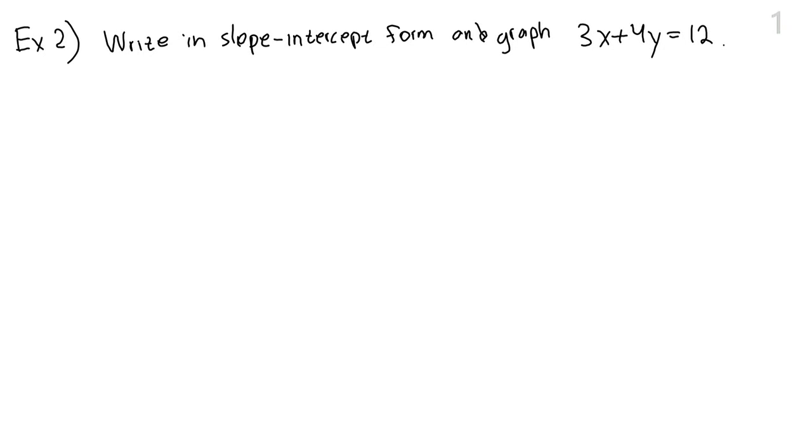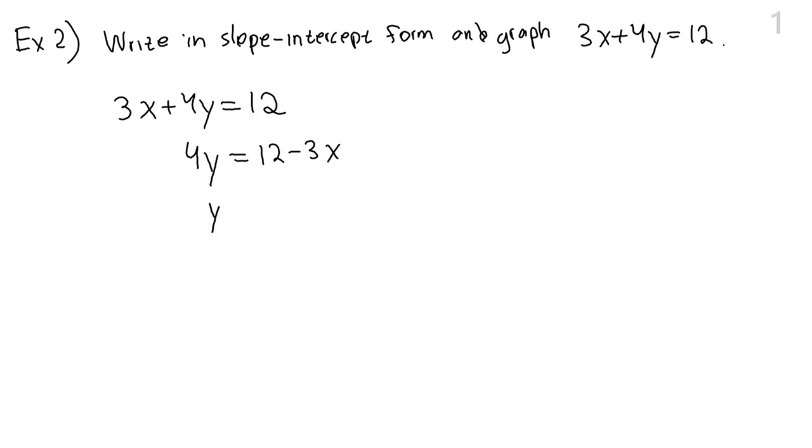So this line is given to us in general or standard form, and if we want to graph it, the absolute best thing to do would be to change it to slope-intercept form, since slope-intercept form is the friendliest for graphing. So we have 3x plus 4y equals 12, and we want to convert this to slope-intercept form. So we isolate y on one side.